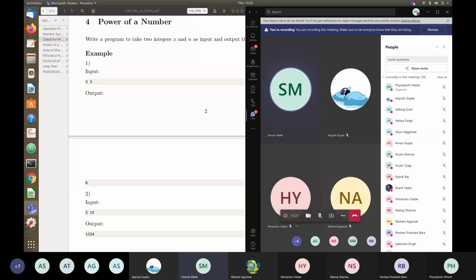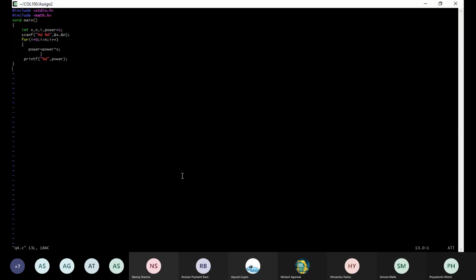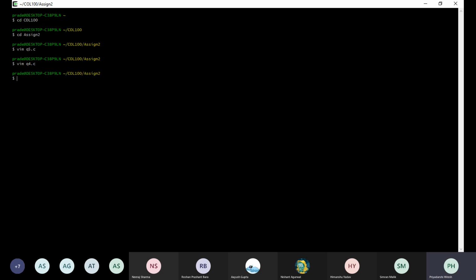So should I share my screen? Yeah, anyone who has done it, share your screen. Take 2 and 10 as input.